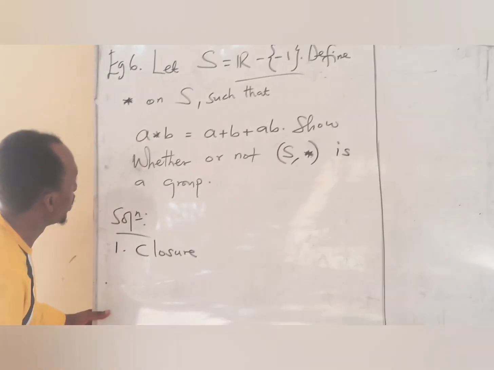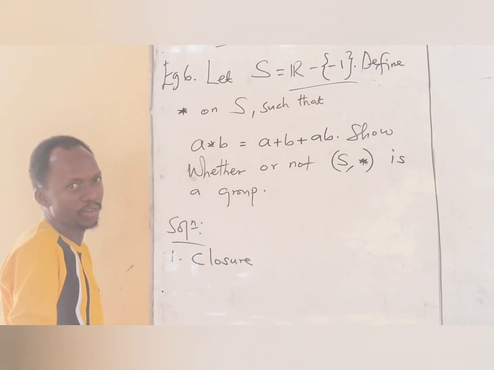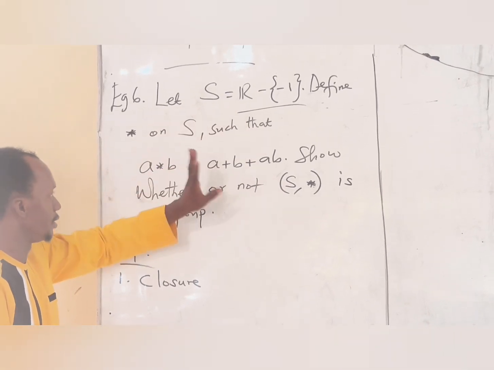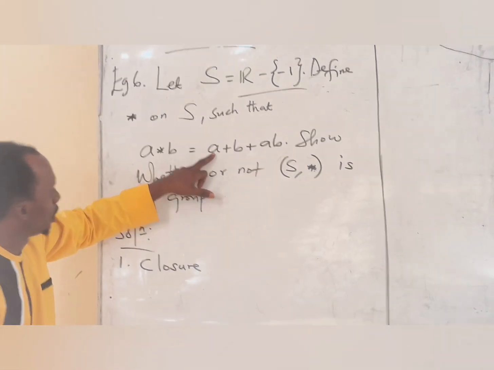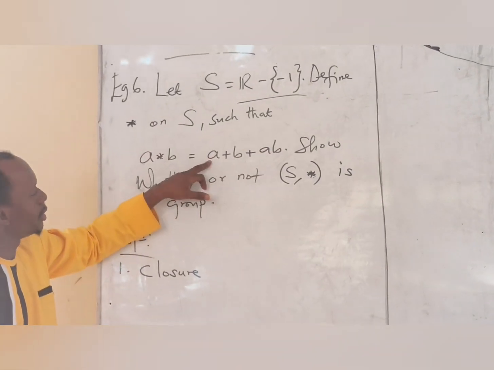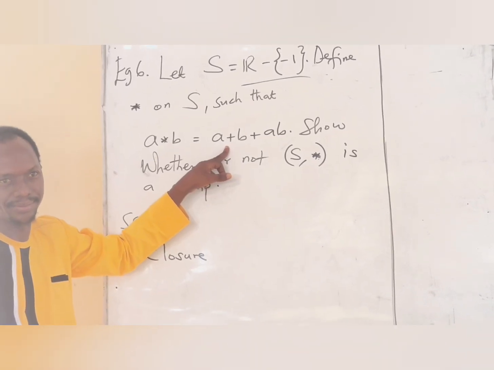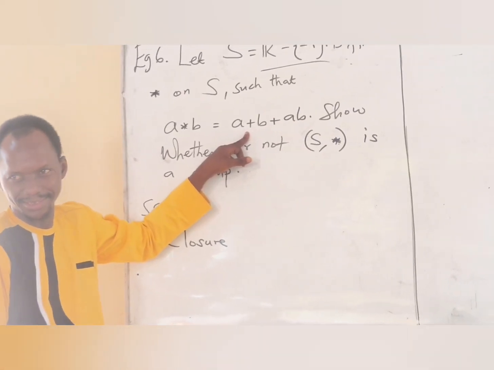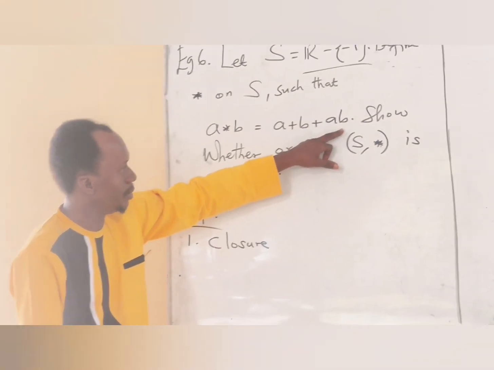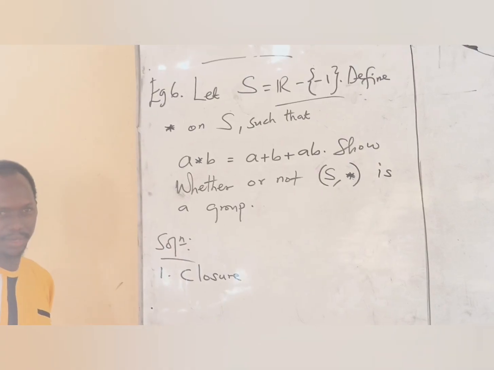So we are picking any two real numbers, in which none of them is negative one. Add the two real numbers, multiply them, and then add the results. Is there any two real numbers that when you add them, multiply them and add all, you will not get the answer in the collection?